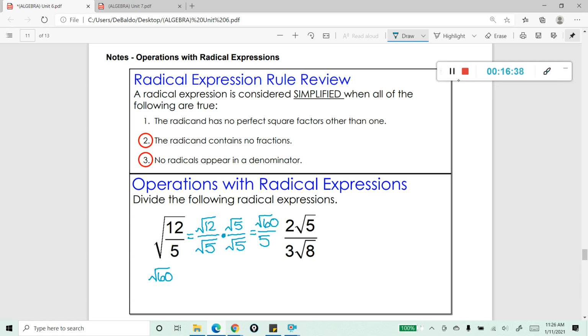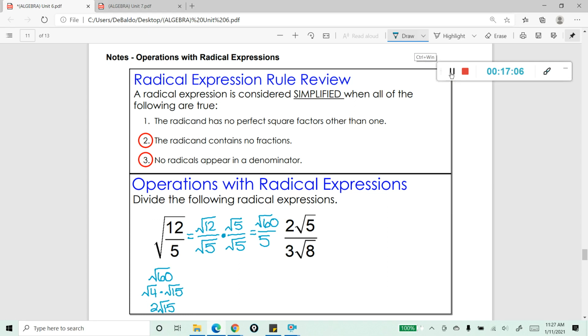I need to find two factors that are going to break this down. The square root of 60 is going to break down into the square root of 4 times the square root of 15, which of course we can simplify down into 2 root 15. Now that I've simplified the square root of 60, watch what I'm going to do.